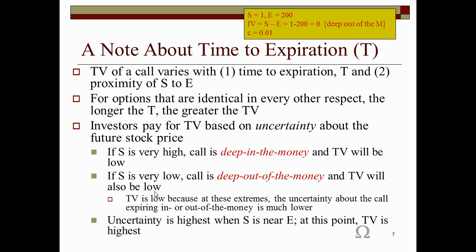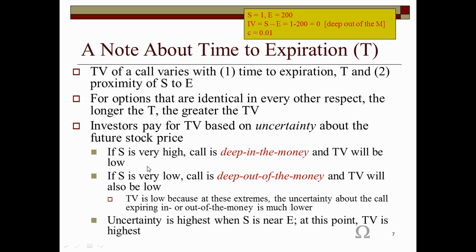And so for such a deep out of the money option, differences in time between the option you have and another that probably has a slightly longer or shorter time to expire wouldn't be much, because everybody would know that there's not going to be much reason to hope for a turnaround for such a deep out of the money option.